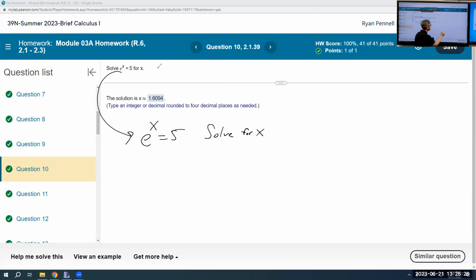So it's not like 2x plus 5 equals 8, where I can just simply add, subtract, multiply, or divide to solve for x. The variable is in the exponent. So these techniques are not going to work for me. I have to come up with something else. How can I solve for an exponent?